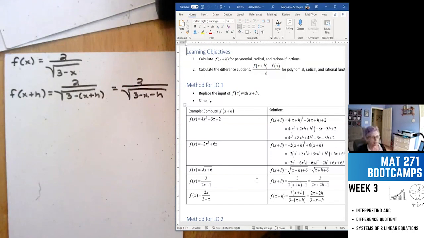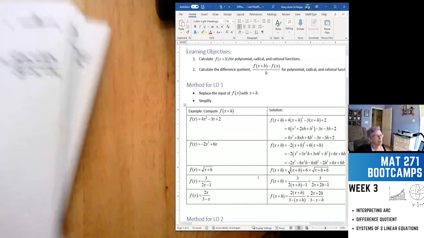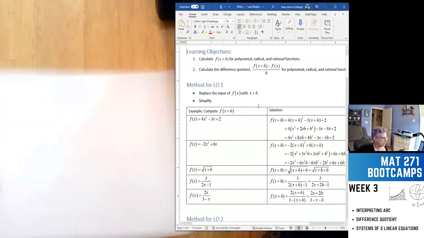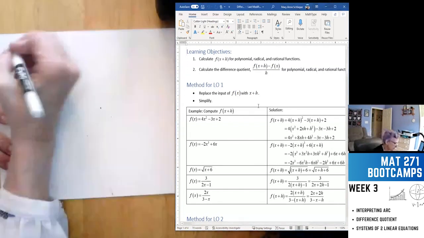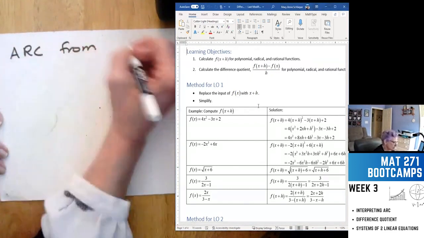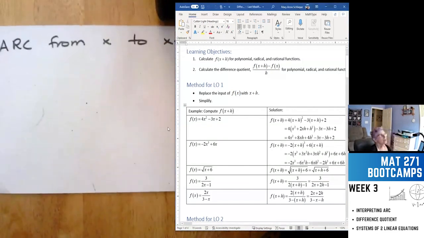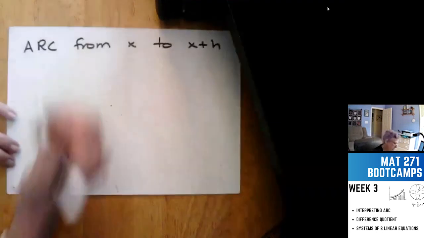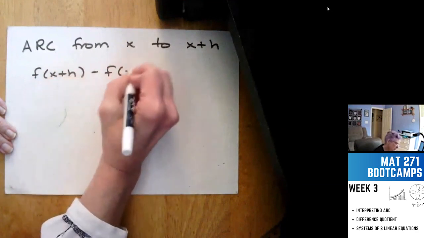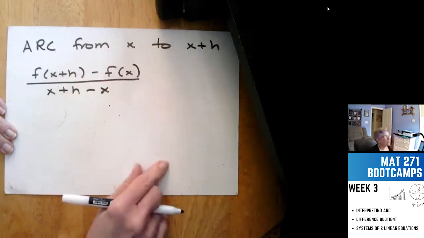So we're kind of baby stepping our way to the difference quotient. We started just by plugging x plus h in. Now we're going to go on and do the whole difference quotient, because this is the average rate of change from x to x plus h, because we have f of x plus h minus f of x over x plus h minus x.